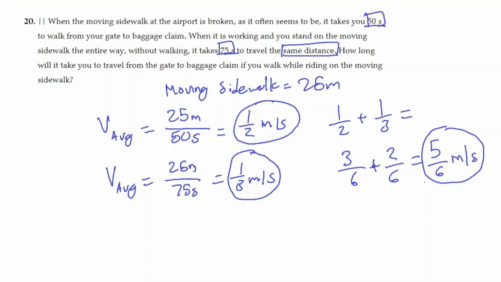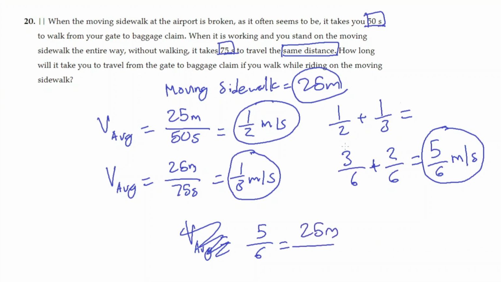But now that we know the velocity added together and the distance of the moving sidewalk, let's find the time. So velocity average is going to be, or rather, we already have the average velocity. 5 over 6 is going to be equal to delta D, which is going to be 25 meters, over delta T, which we don't know.